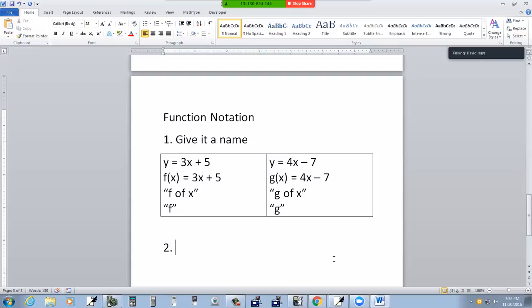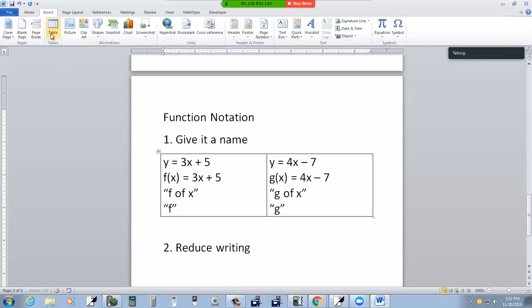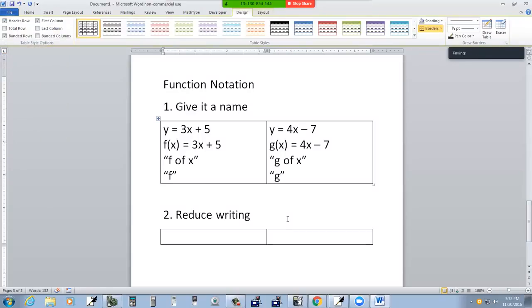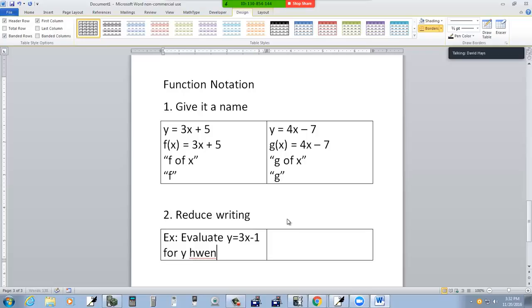Second purpose is to reduce writing, sorry, not simplify. For example, if I had, evaluate y is equal to 3x minus 1 for y when x is equal to 5.